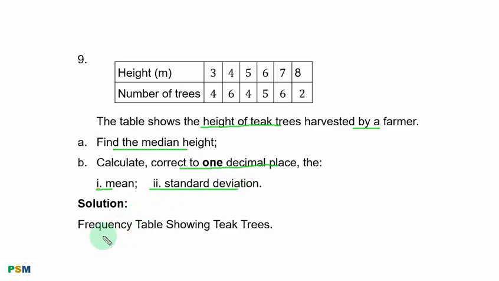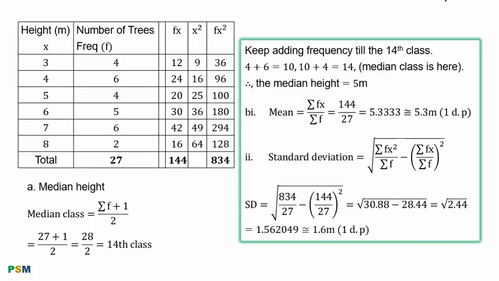Solution: frequency table showing thick trees. We need to prepare a frequency table to ease the solution to the problem. You have the frequency table. The height represents S, number of trees, frequencies.